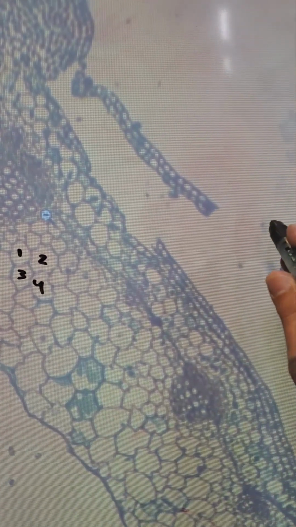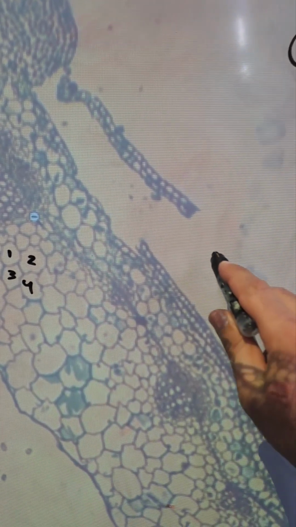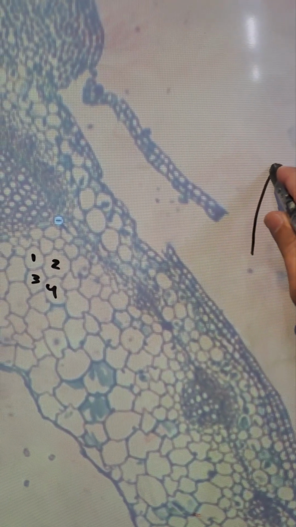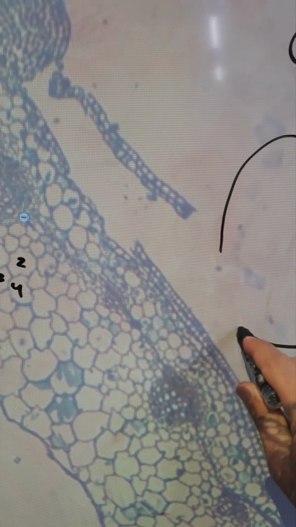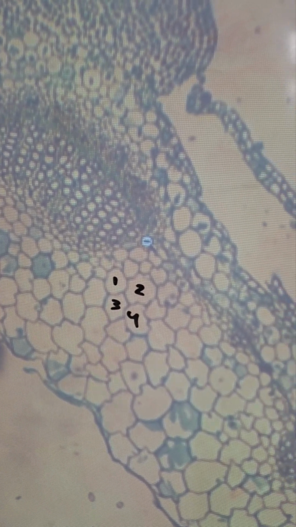So this is cell number 1, which is going to look something like this. Now remember, guys, whenever you draw plant cells, you need to make two lines to represent the cell wall.